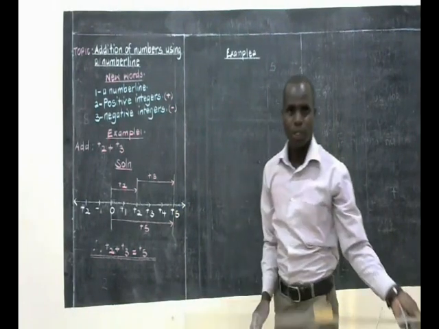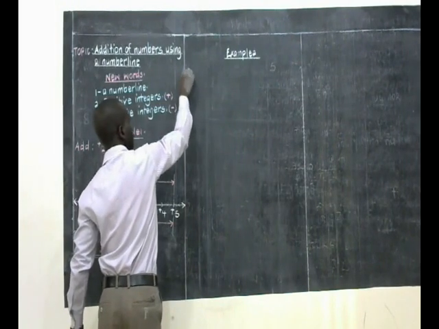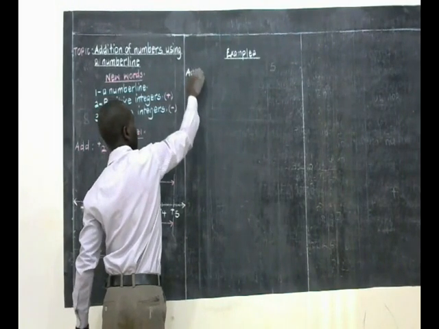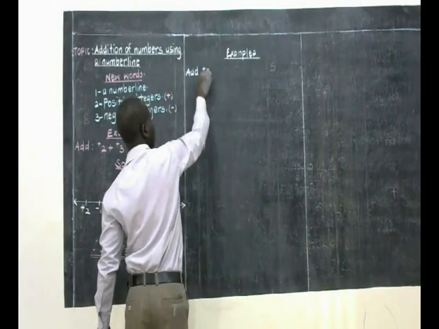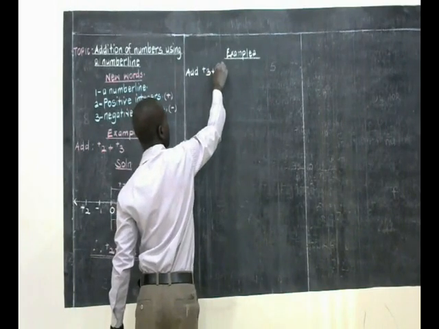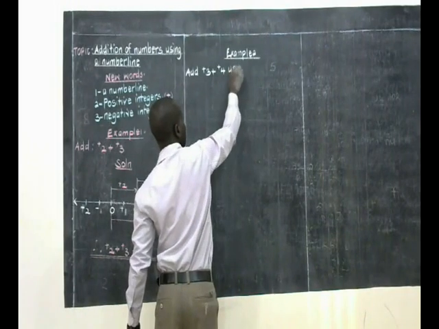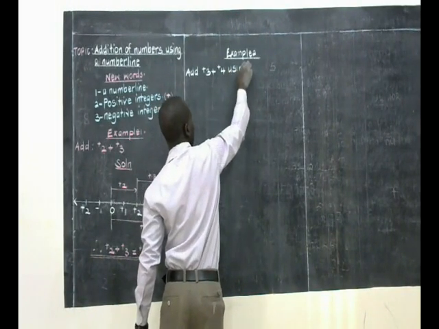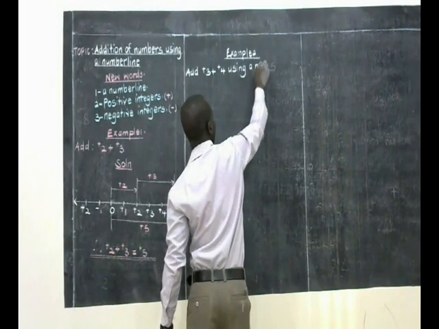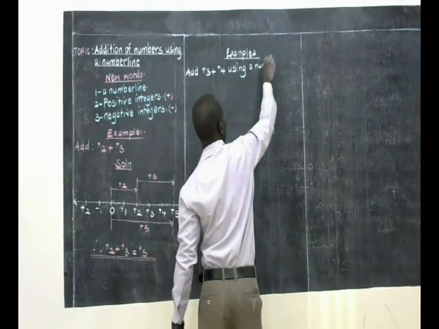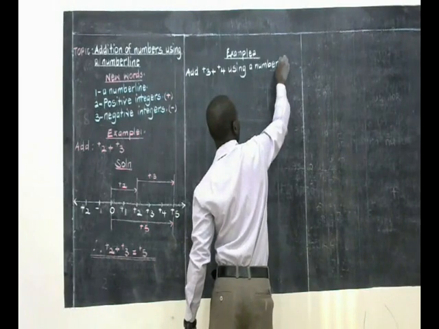Example 2, the question is saying add 3, positive 3 plus positive 4 using a number line.